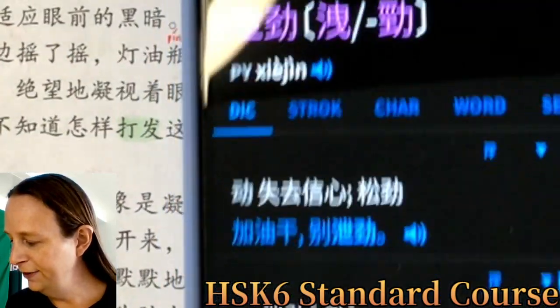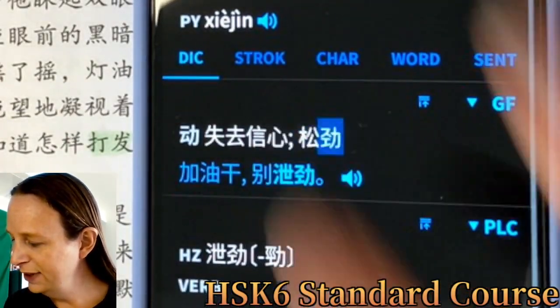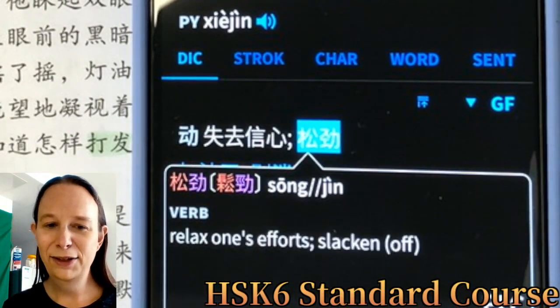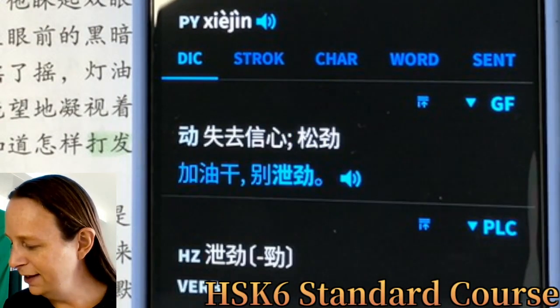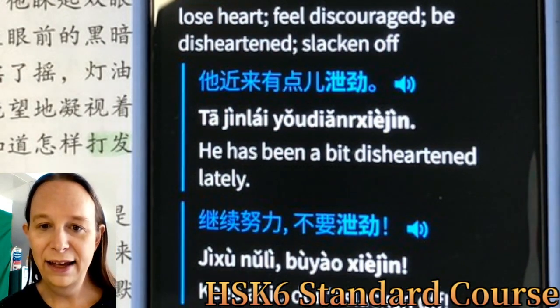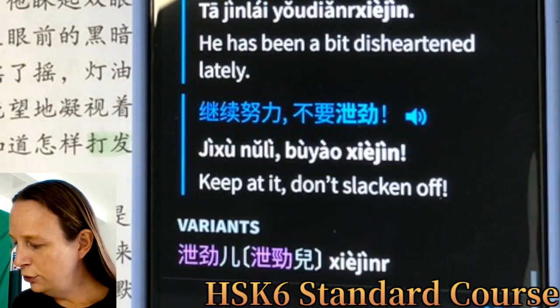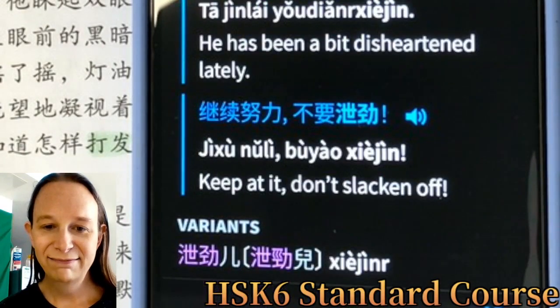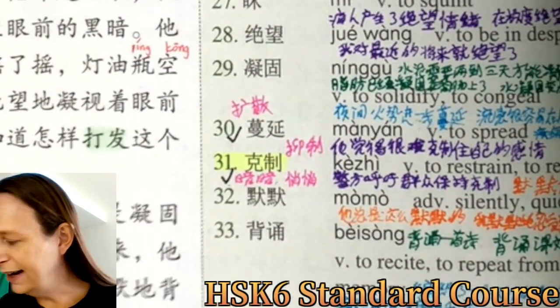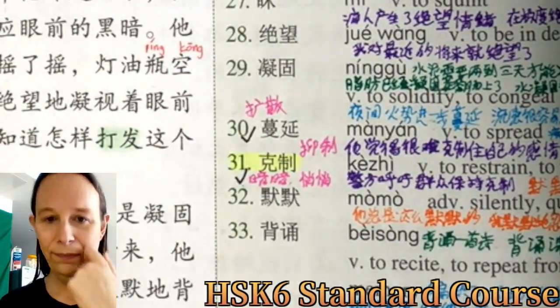So you lose confidence, lose heart. What is 松劲? Slack off? It's more like you stop trying because you've lost effort, lost confidence. 他近来有点泄劲. 继续努力，不要懈劲. All right, that's interesting. 泄气.